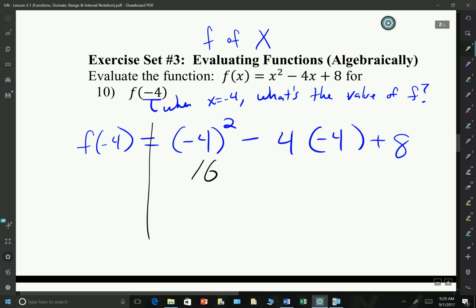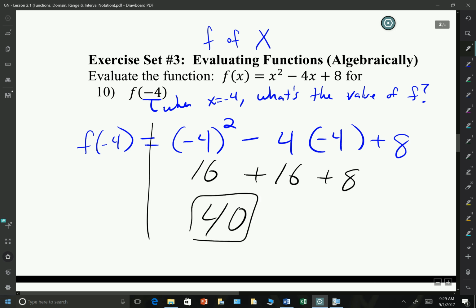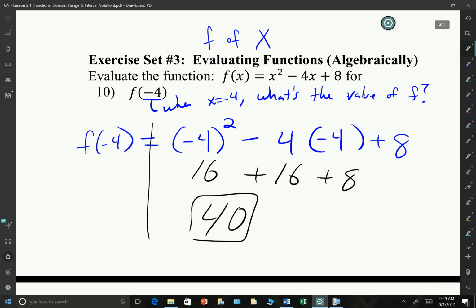And then plus 8, I believe I get 40, don't I? If you were to plug this in your calculator, and you were to hit graph, and you scroll down to your table, guess what the y value is at the point of negative 4 for your x? It'd be all the way up on 40 on your calculator. You're still finding a point.